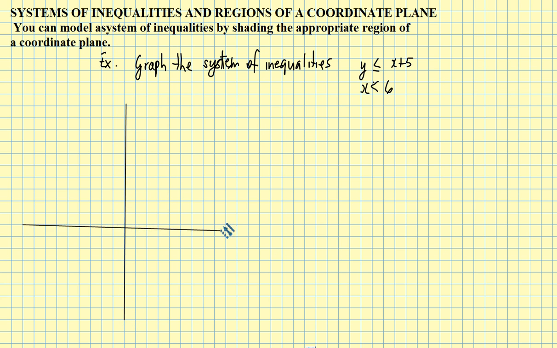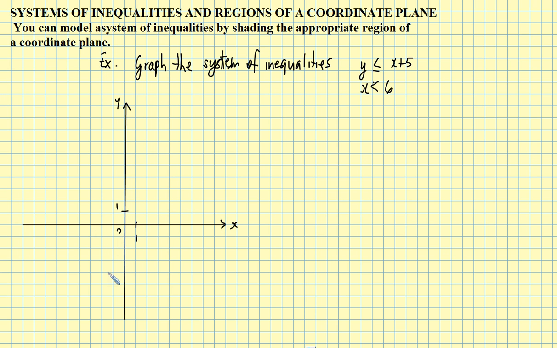We always remember to label our x and y axes, and we always place our scale, whether it's 1 to 1, 1 by 2, or 2 by 1. It's up to you to decide, just as long as it is clear to me what scale you used.